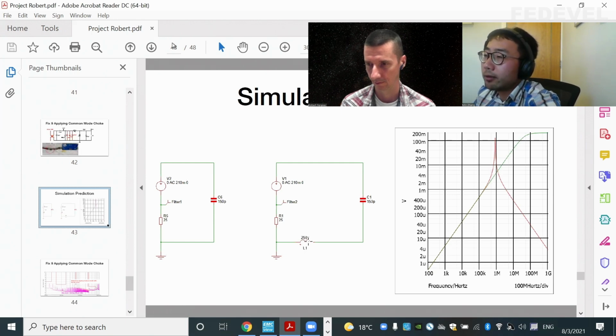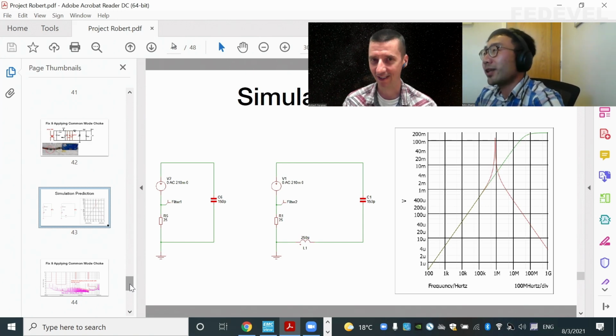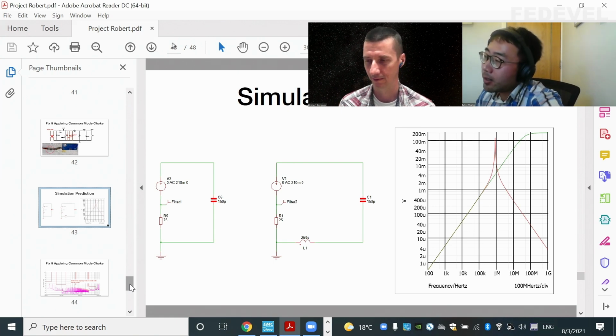Of course, it's not a common mode choke, but what we are simulating here is one line, because common mode current goes on both lines. If the attenuation is good enough on this line, then I know on the other line it will be the same, because I have a common mode choke. So that's the idea behind it.